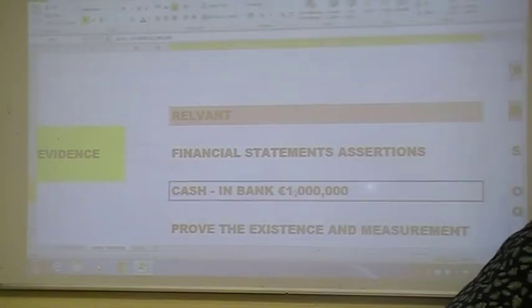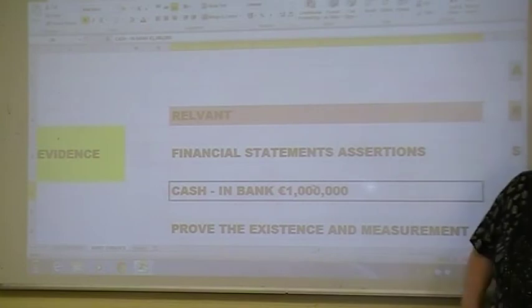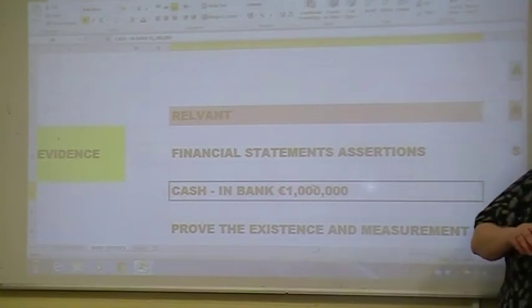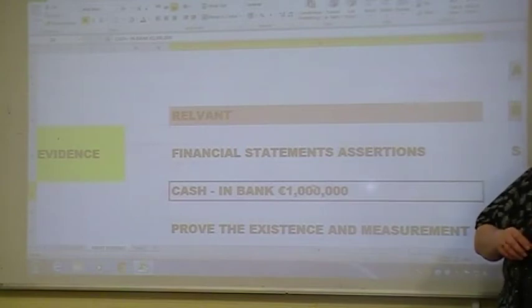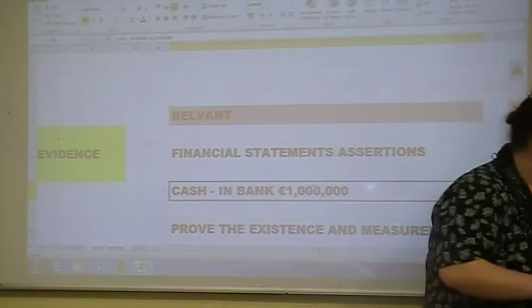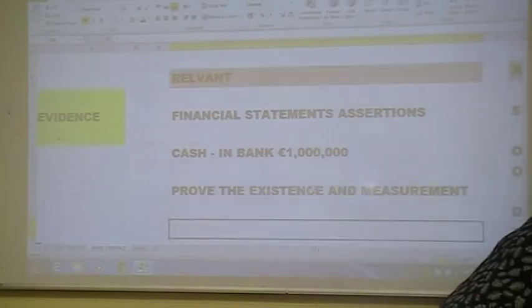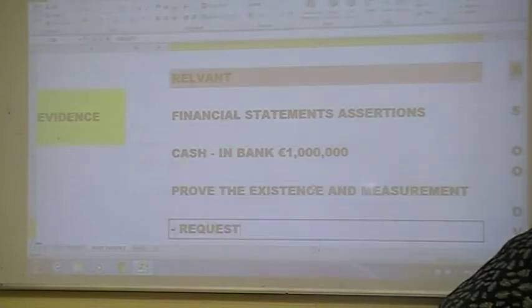They can say there's $1 million in the bank, but they might have forgotten to put in a few lodgements, or forgotten about checks that had been cashed. Their bank record might be wrong. So if you get the bank letter, you're getting the proof. So we're going to request a bank letter.